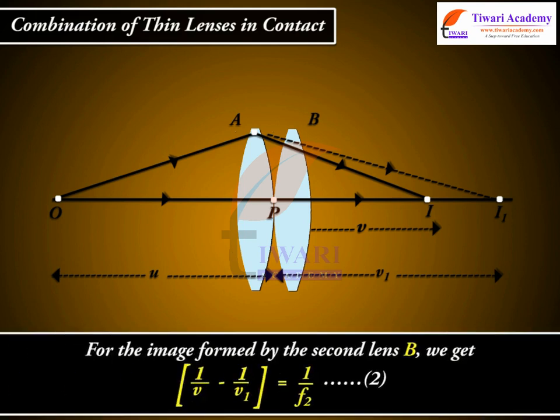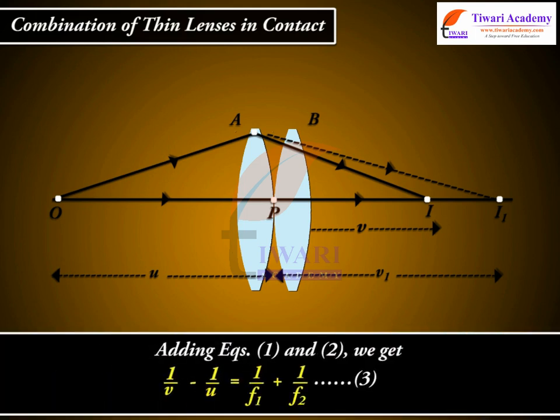For the image formed by the second lens B, we get 1 by v minus 1 by v1 is equal to 1 by f2. Equation 2. Adding equations 1 and 2, we get 1 by v minus 1 by u is equal to 1 by f1 plus 1 by f2.